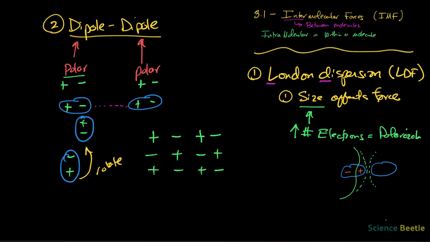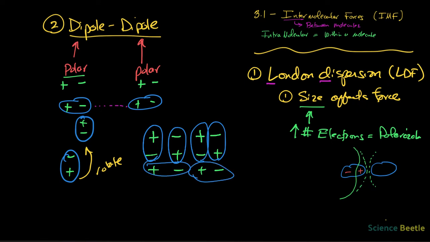But remember here, the positive and negative is relative to the individual molecules. So it's important that I draw them like this. So these are molecules that have their own positive sides. And so you can have different orientations or different interactions. And so maybe I'll draw this one like this and this one like that. And you can see as long as the interaction is happening between alternating charges, then this is really the effect of the dipole-dipole interaction that's occurring.